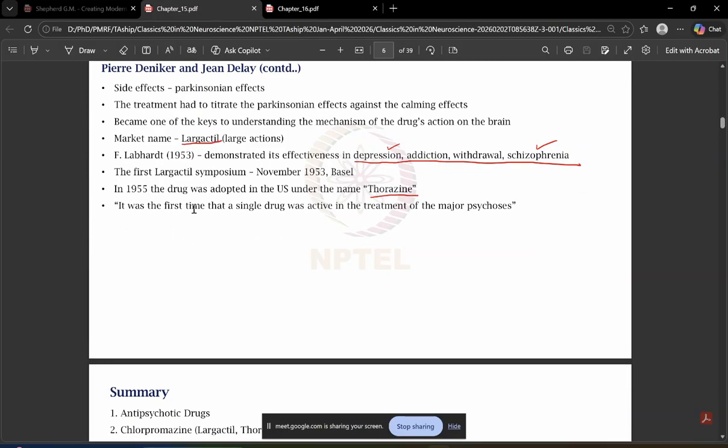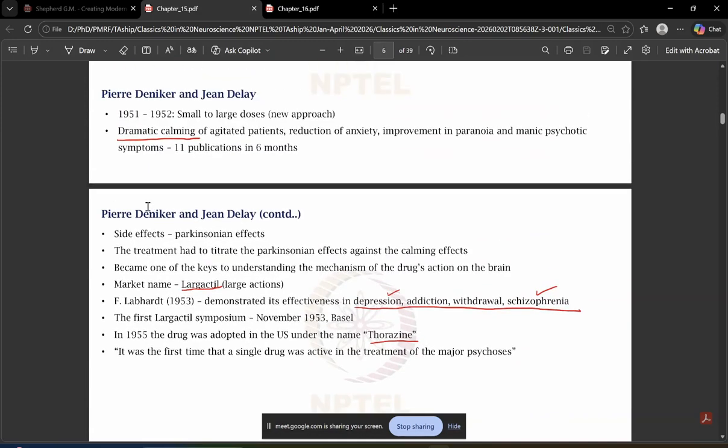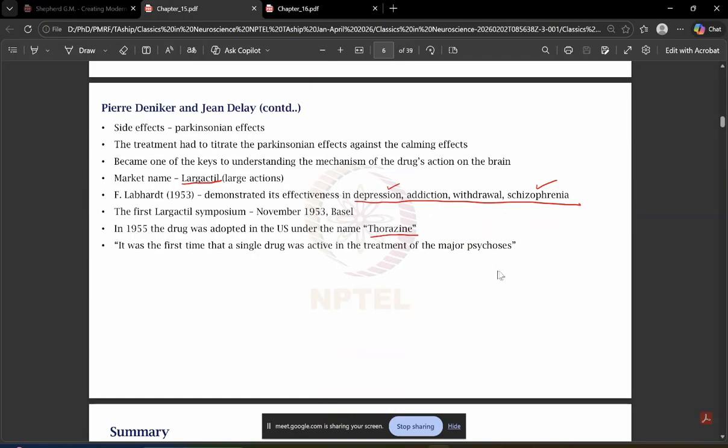And it was remarked that this was the first time that a single drug was active in the treatment of the major psychosis. So chlorpromazine became a very important drug in the treatment of the major psychosis like schizophrenia.